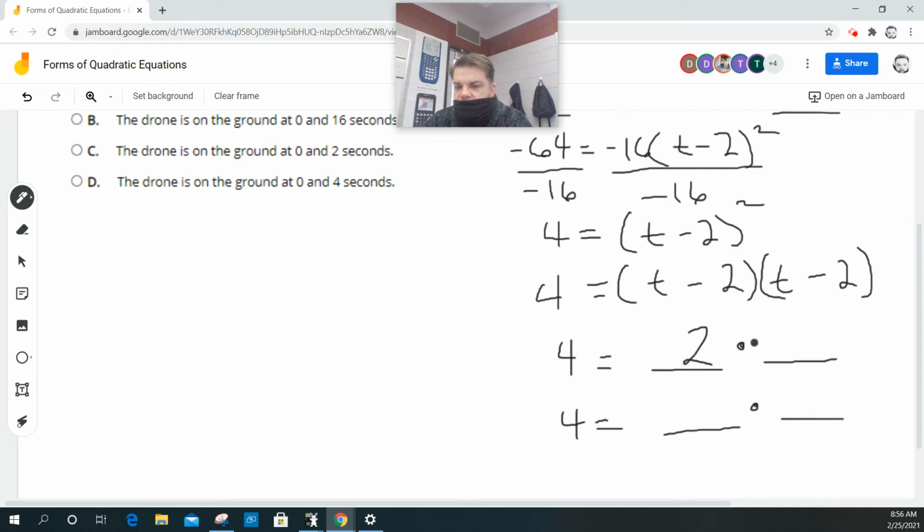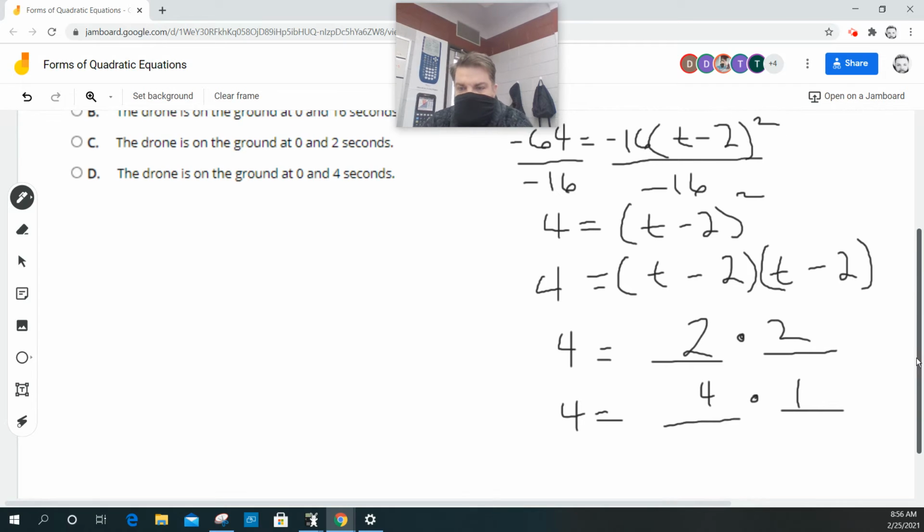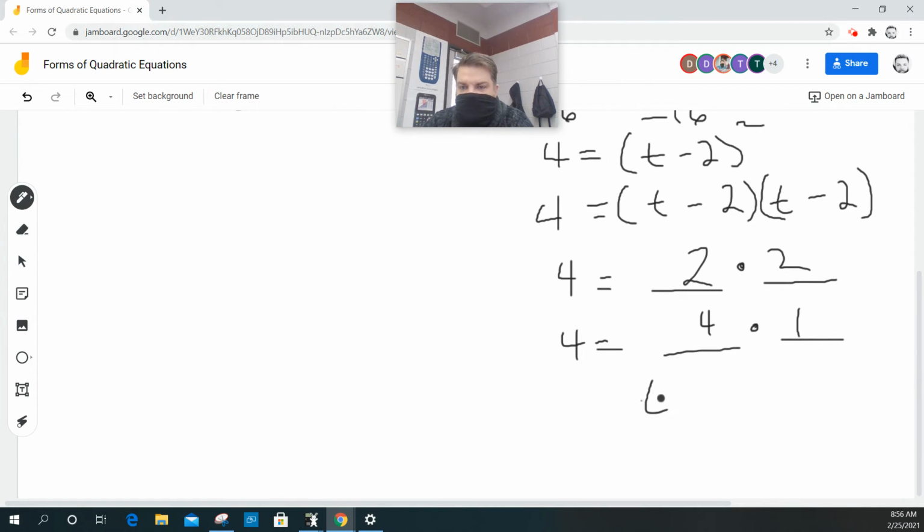In other words, 2 times 2 equals 4, and 4 times 1 equals 4. So that means that my factors, t minus 2 has to equal 2, right? This has to equal this. Or it could equal 1 as well.